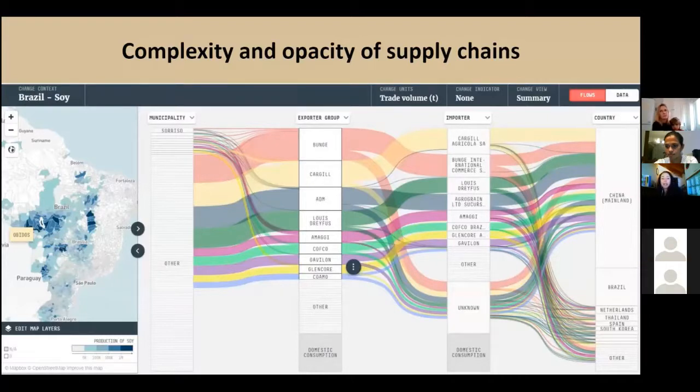But we can see at the left of the slide, first of all, that the production patterns of a specific commodity, here in this case soy, can be very heterogeneous across space, with different shades of blue. And this production then flows across a large number of actors and places, starting with municipalities and exporter groups and importers, and then reaching the consumption country that can be quite far away.